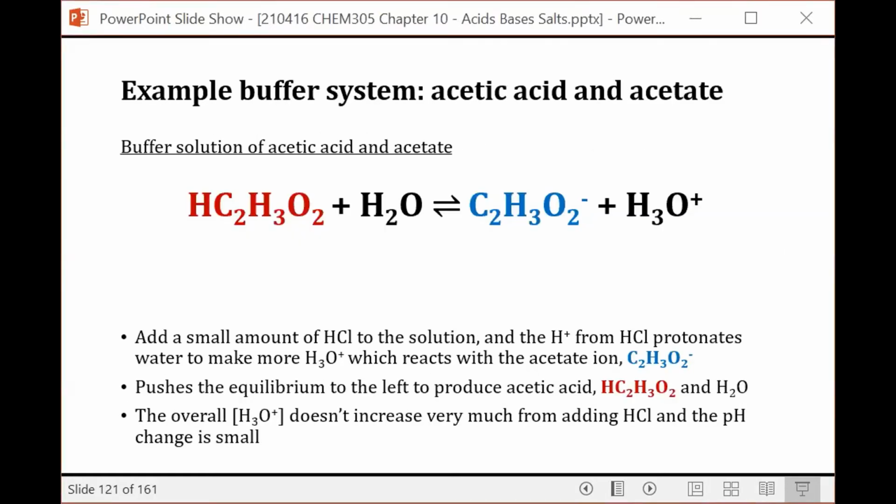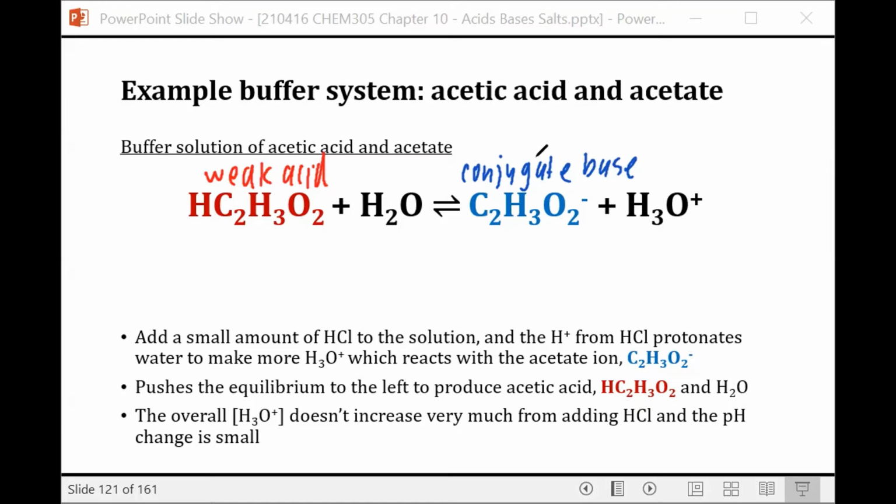So let's talk about the acetic acid buffering system. It consists of acetic acid, that's our weak acid, and its conjugate base, acetate. So if we add a little bit of base to the solution, the weak acid will protonate the base, and overall, we're not going to change the concentration of hydronium ions, so the pH will stay stable.